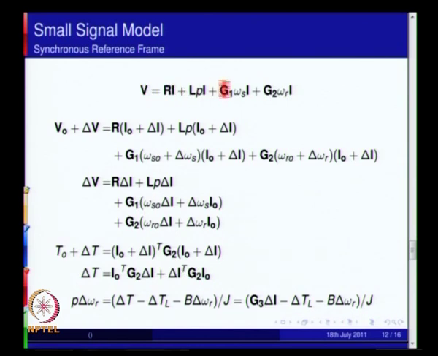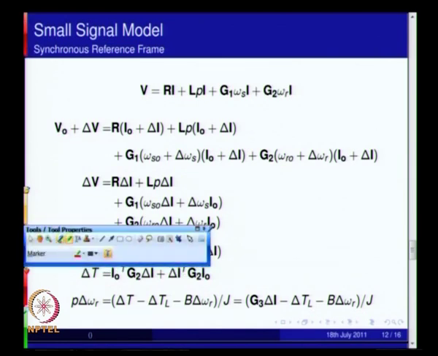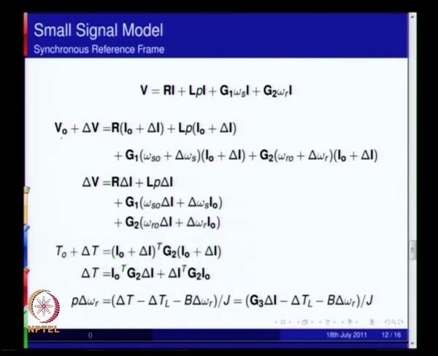So, if you take this equation and apply a small perturbation to the input variables, that is V, and to the load torque, which we will see, then this becomes V naught. The O in the subscript here refers to the steady state term.